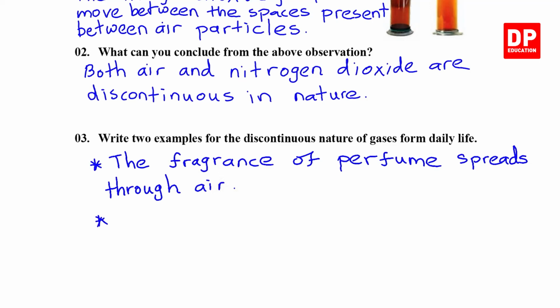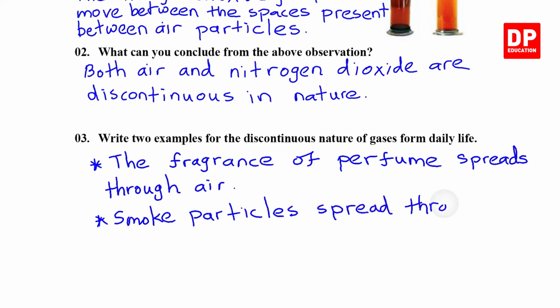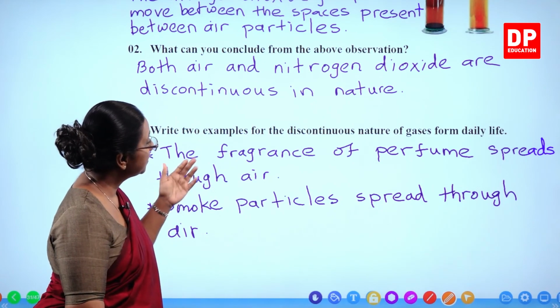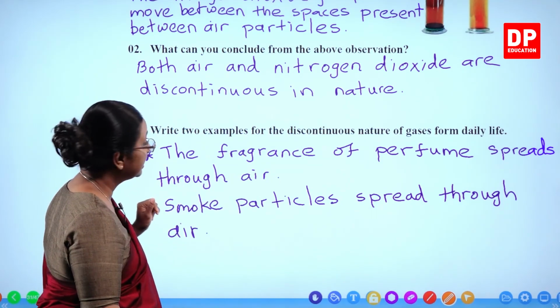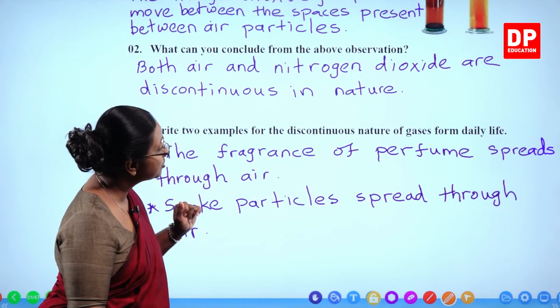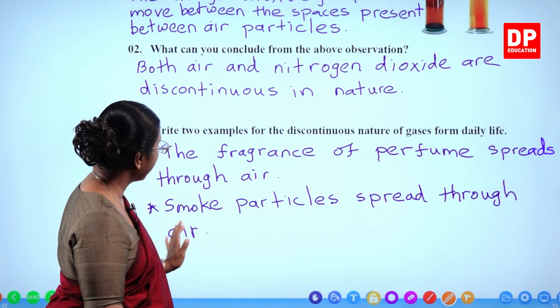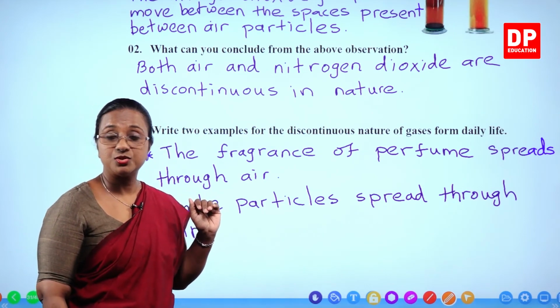Then you can say smoke particles spread through air. So the fragrance of perfume spreads through air, and also smoke particles spread through air.